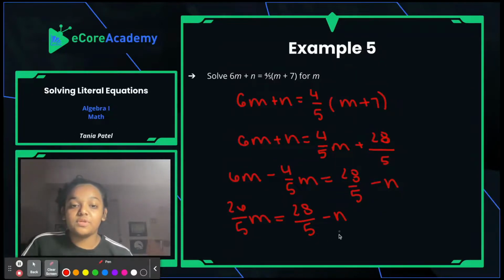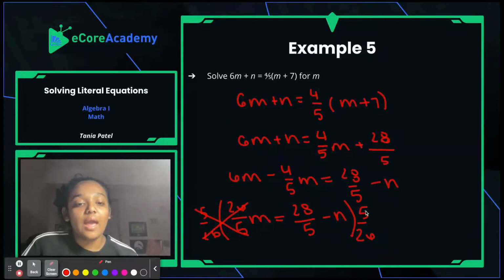And like we did before, we're going to multiply both sides by the coefficient's reciprocal, which is 5/26. This way, our something value, our m value in this case, will finally isolate itself, because the coefficient will cancel out here.